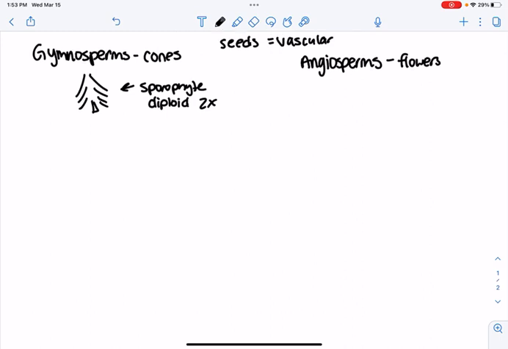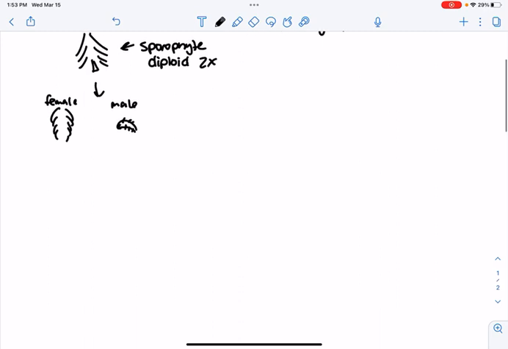This mature sporophyte would then produce cones, and a lot of pine trees have male and female cones. Actually, excuse me, that's the opposite. This one is female, and the male ones look like the little spiky things with pollen on them.